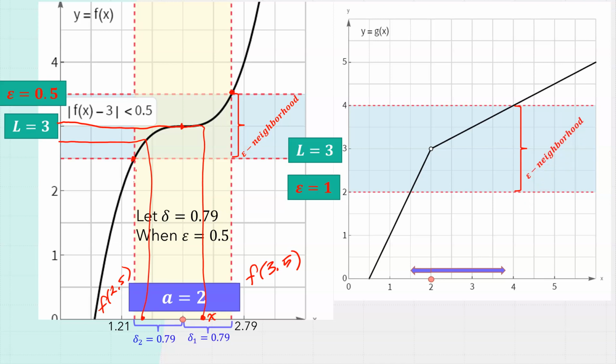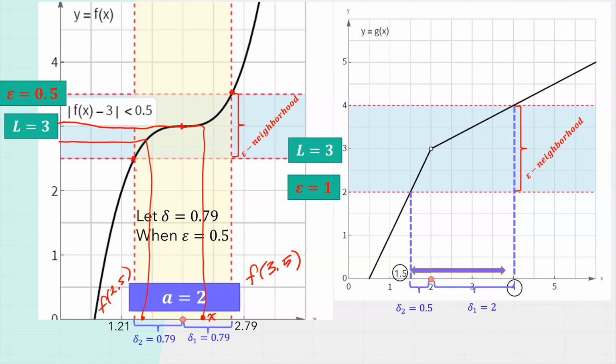On the right, the boundary is 4. However, on the left, the boundary is 1.5. So to the right, that delta 1 distance is 2, whereas to the left, the delta 2 distance is 0.5.